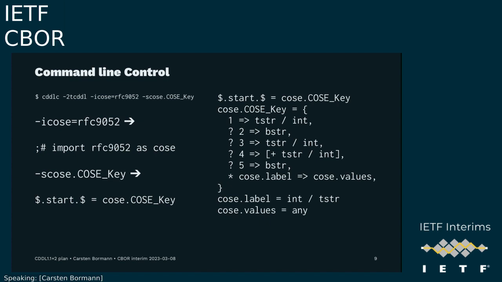And COSE equals just means import RFC 9052 as COSE. And you also can have automatically generated start rules. So the -s cose.cose_key becomes the rule on the lower left of the slide. So if you run this, you get a result that is on the right-hand side of the slide.